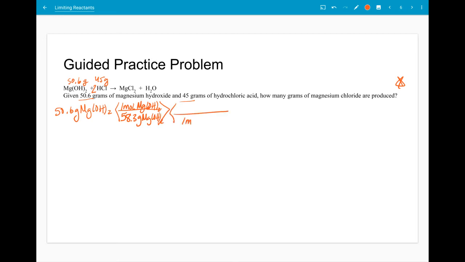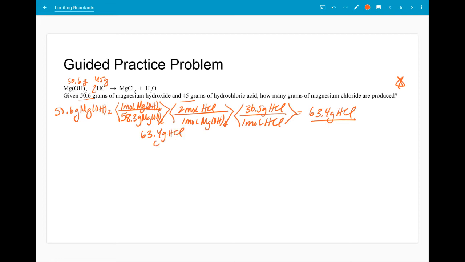And then we take 1 mole MgOH2 to 2 mole HCl. Then we take 1 mole HCl, 36.5 grams HCl, and I found it to be 63.4 grams of HCl. So this is my amount calculated as 63.4 grams HCl.